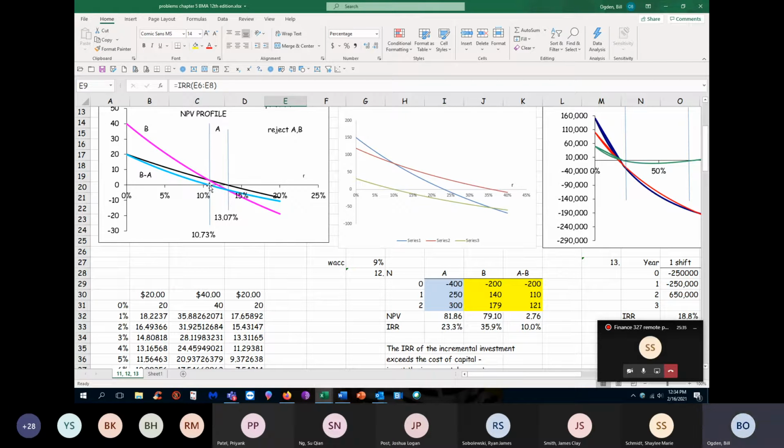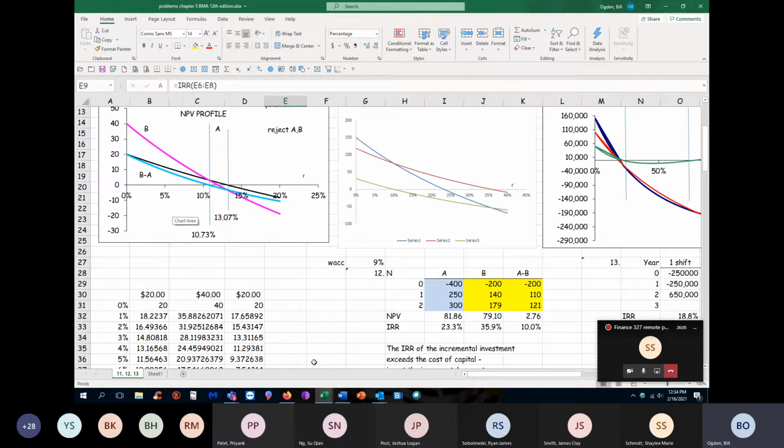At the point where the differential cash flows begin to have a negative NPV, that's the point at which you would favor project A over project B. And the graph shows that clearly here. You can see that this teal looking line, once it crosses into negative NPV territory, that's the same exact point at which you would favor A over B.